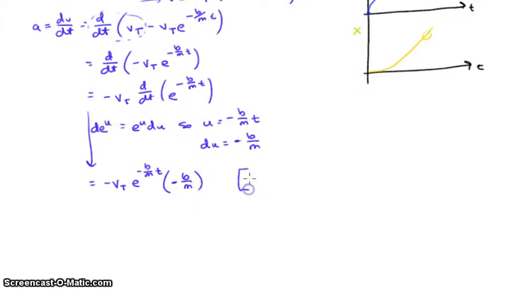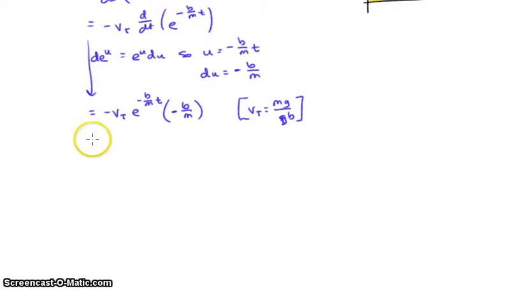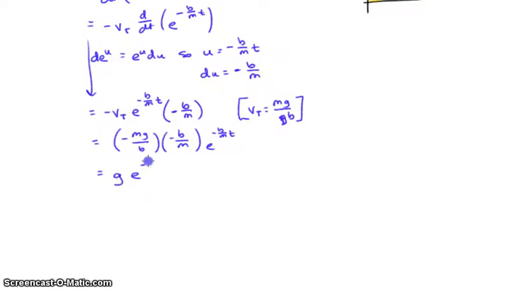I can also remember that my terminal velocity, if I want to get it all in given values, is mg over b. Okay, we're getting really close now. So now I can say that acceleration is minus mg over b times minus b over m e to the minus b over mt, or to simplify that, it would be g e to the minus b over mt.